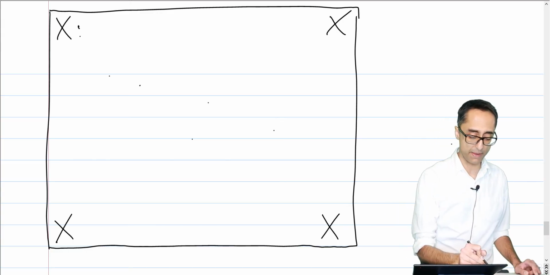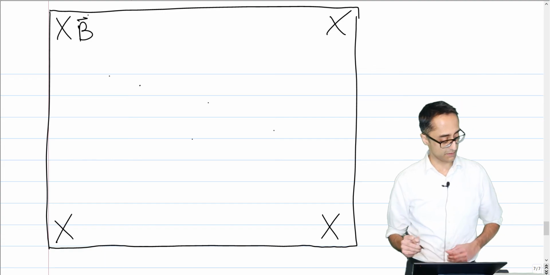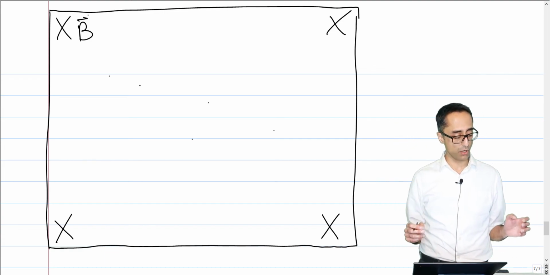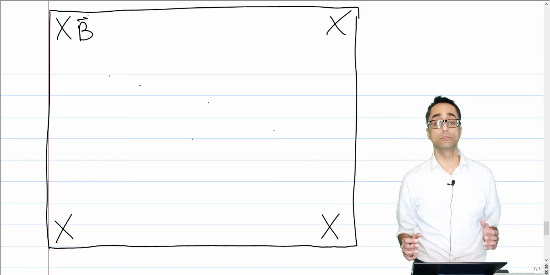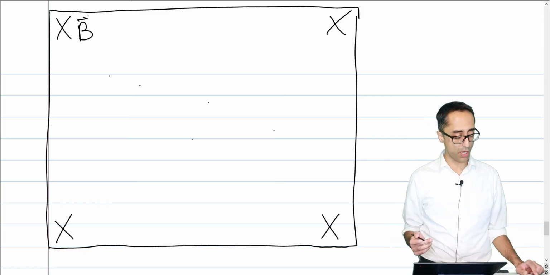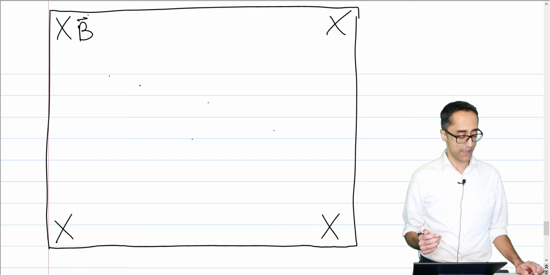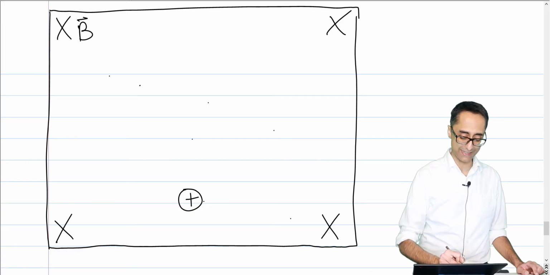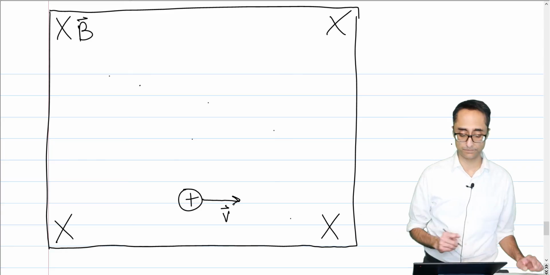It is constant everywhere, but I want to focus on my charged particles. So let's have a positive charged particle and we'll give it a velocity. Let's start right here, and that charged particle has an initial velocity to the right. There we go. That's its velocity.